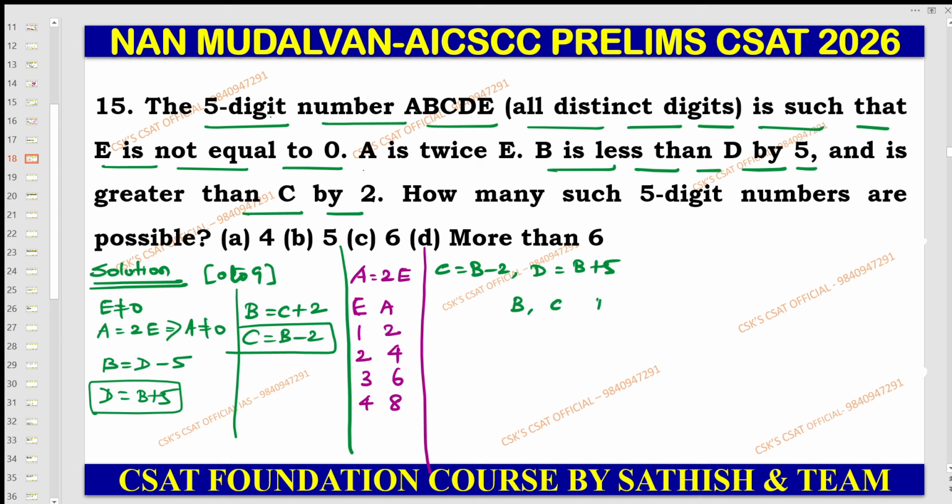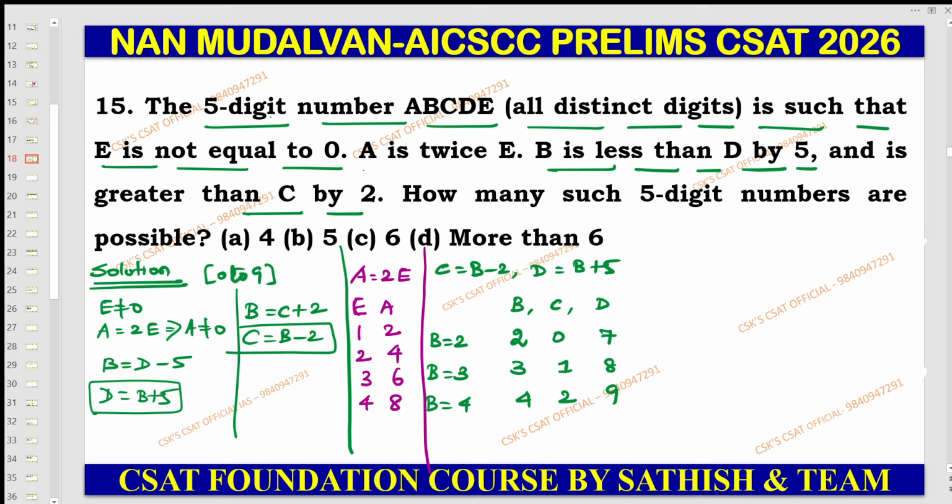Suppose B is equal to 2. Yes, possible. Why possible? C can be 0, because any distinct digit, 0 also, is possible for this one. Then D is 7. Suppose B is equal to 3, what is possible? 1 possible, 8 possible. B is equal to 4 means 2, 9.